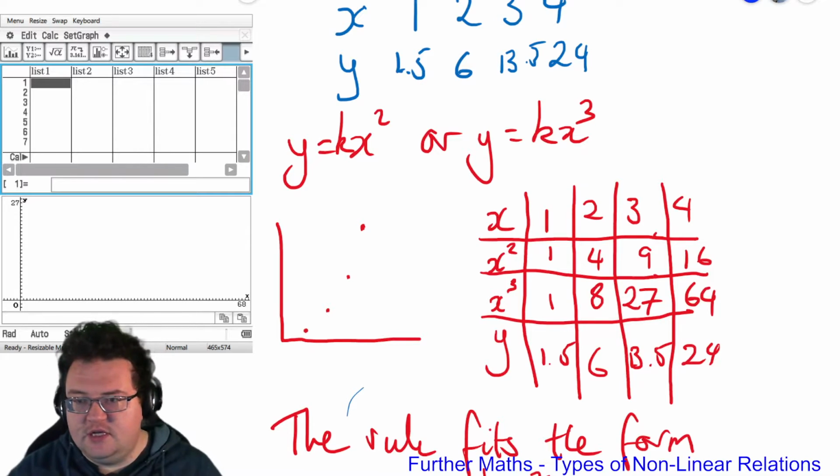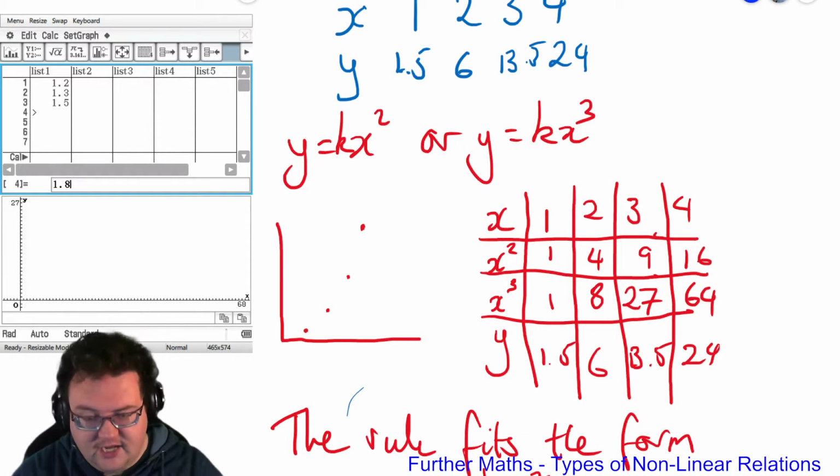So what I can do is, well, I've got the x values 1.2, 1.3, 1.5, 1.8, 2, and 2.2.